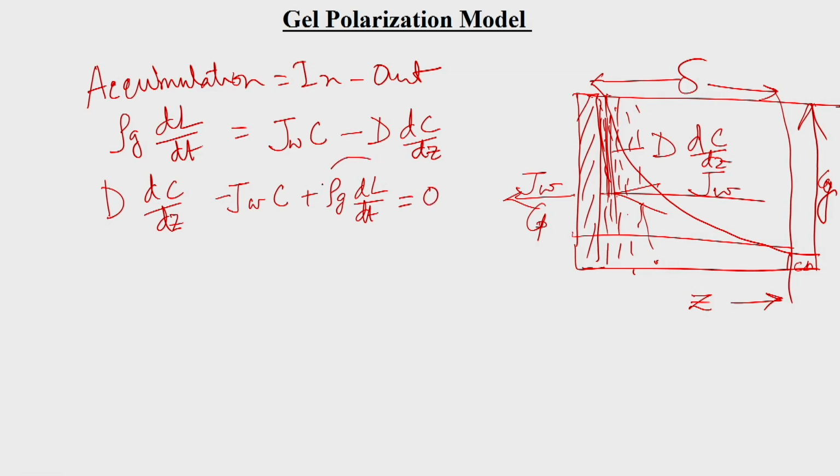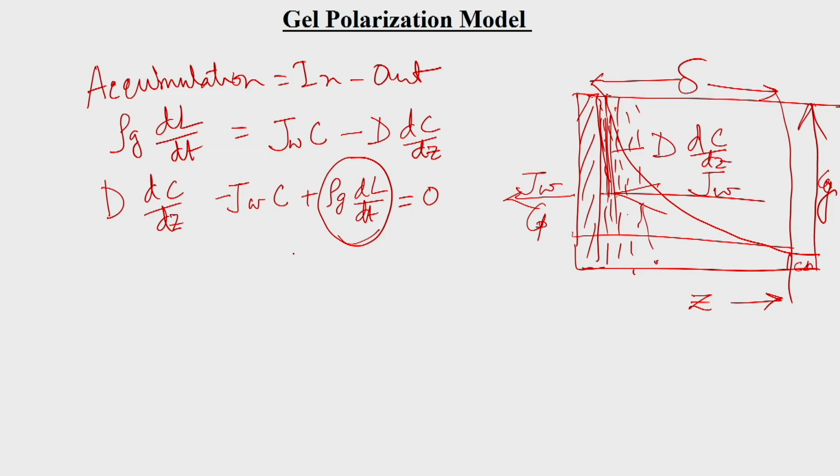So, let us take rho g into dl/dt as a constant parameter for the time being, because we will be doing the integration across z. So, we assume that this accumulation will not be altering.